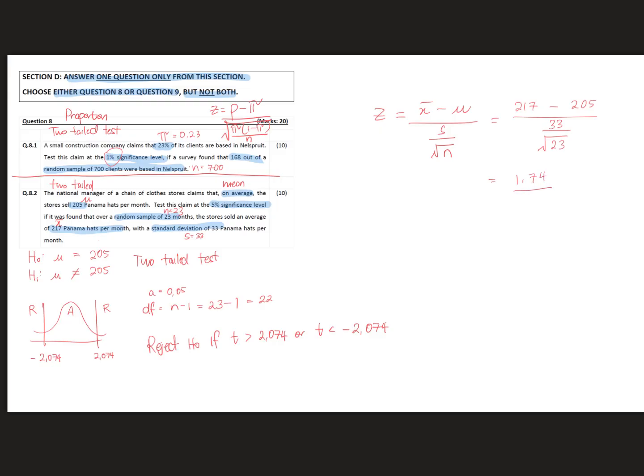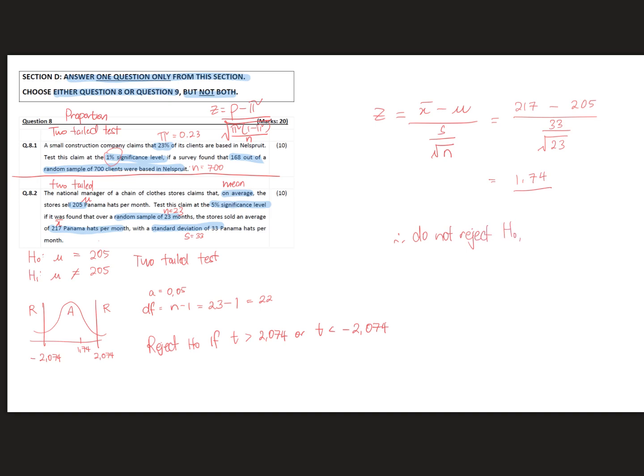And 1.74 then falls within the boundaries of your acceptance region. So this means that we do not reject your null hypothesis. So now we can conclude, and we're going to say therefore do not reject the null hypothesis.